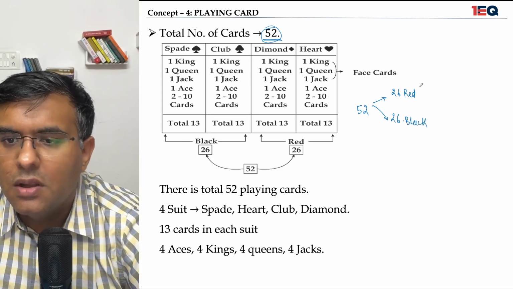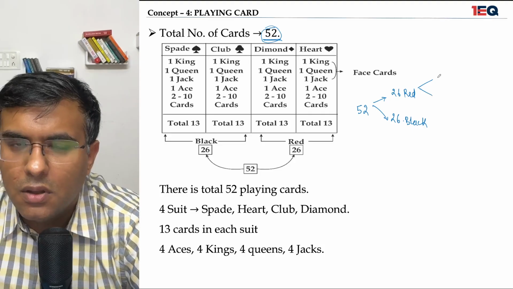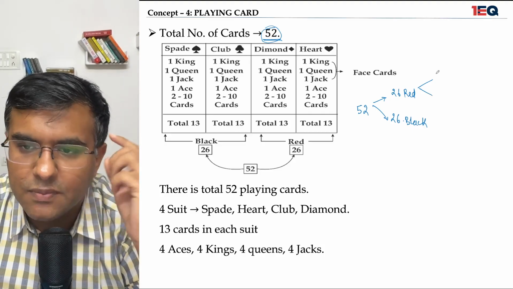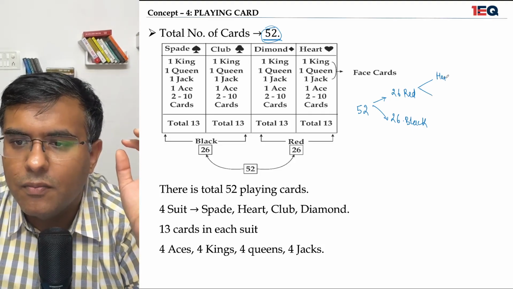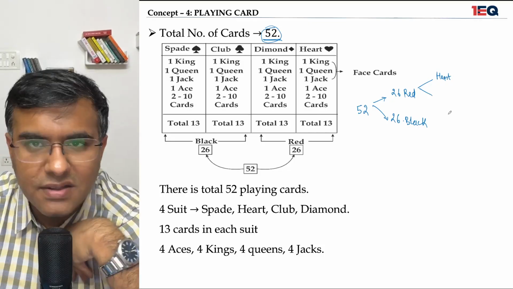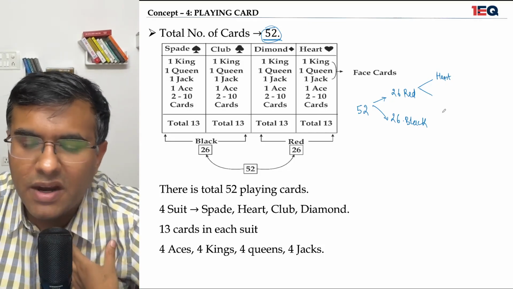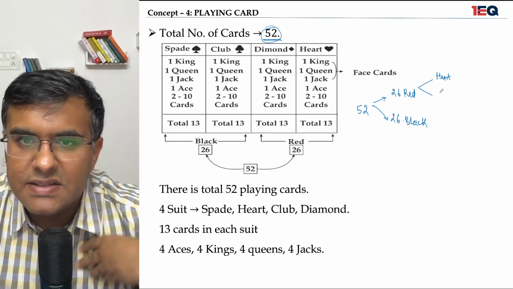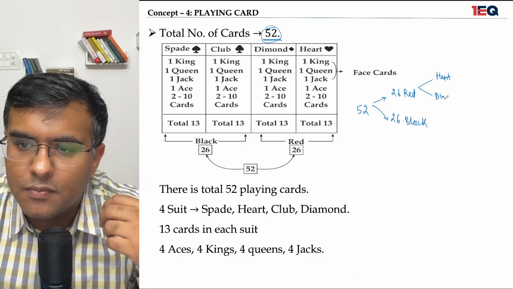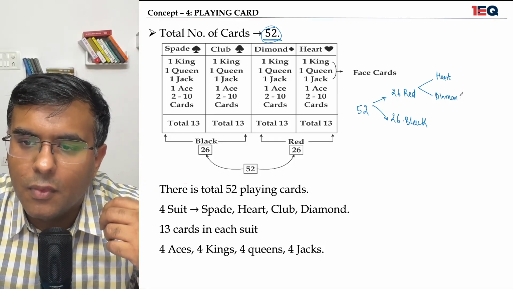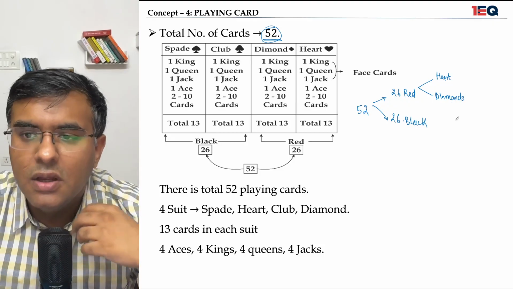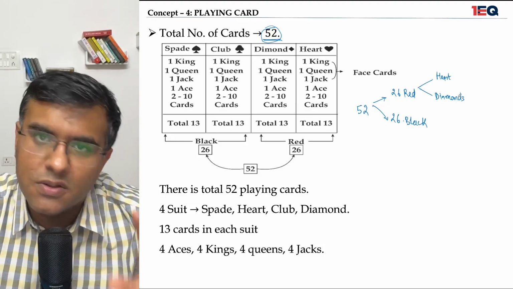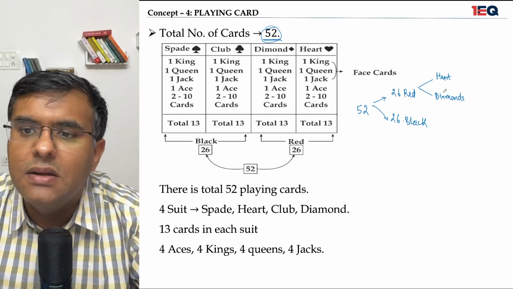Now remember this: hearts are red. The heart pumps blood, blood is red, so heart is red. Secondly, diamonds. Diamonds are very close to the heart, so they are also red. So heart is red, diamond is red.